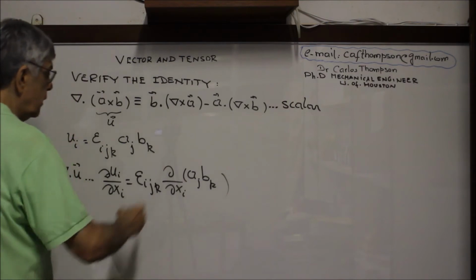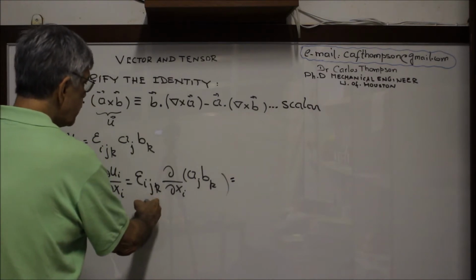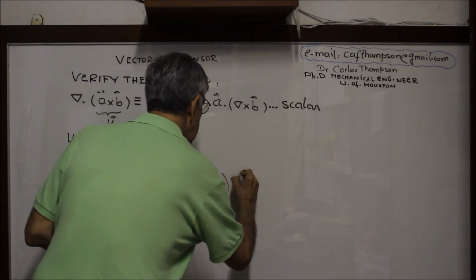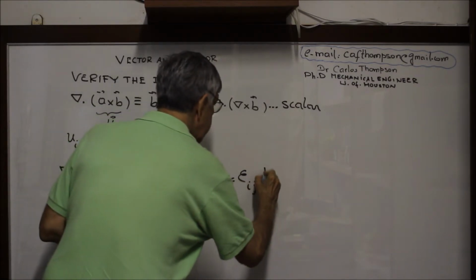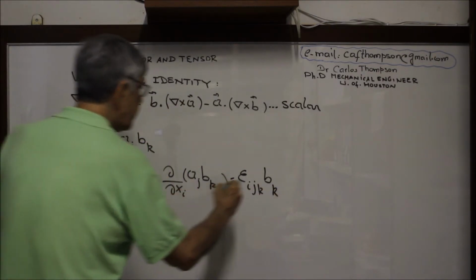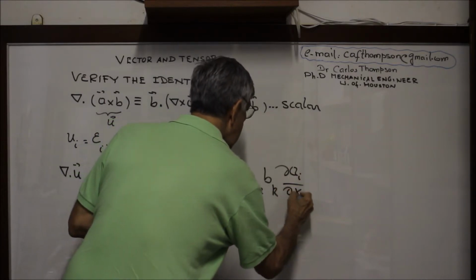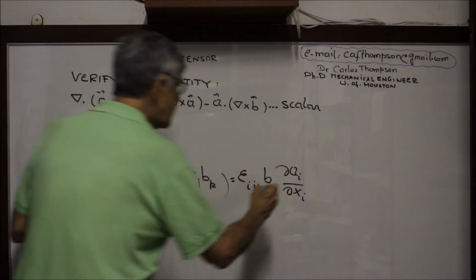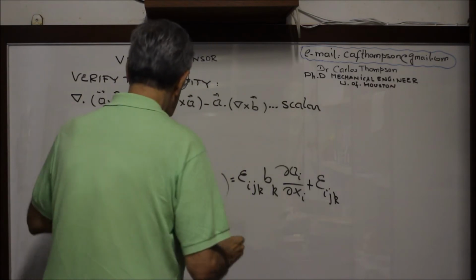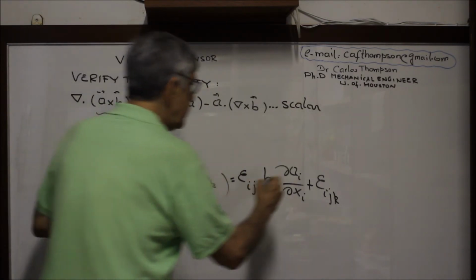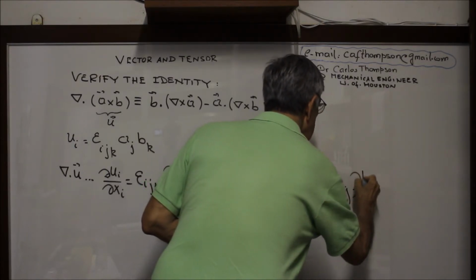So this is a scalar, as expected. Now, let's develop this derivative. This is equal to epsilon ijk, BK, partial derivative of AJ with respect to xi, plus epsilon ijk, AJ, partial derivative with respect to xi of BK.